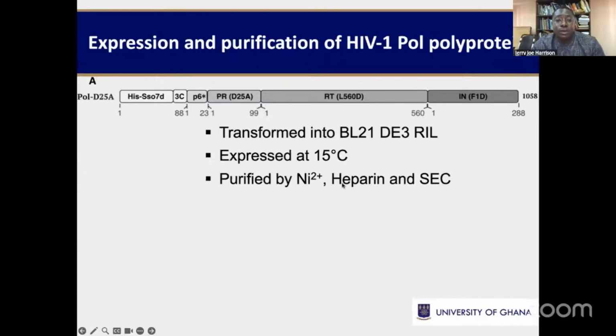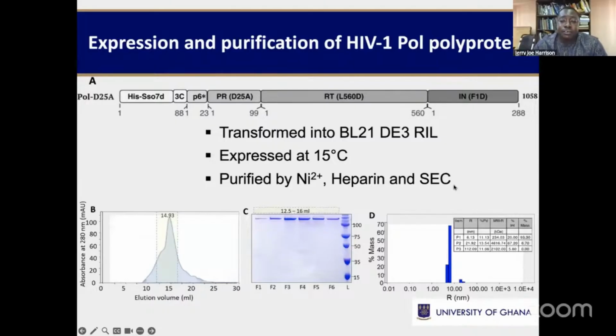And so we went back to our construct, which we had used earlier using BL21 DE3 RIL, expressing at 15 degrees Celsius. We could purify the protein by nickel, heparin, and gel filtration, and get very nice peaks. I'm just showing you the gel filtration profile because it gives us some indication of what to expect. The majority of the protein appears to be a dimer based on the calibration of this column.